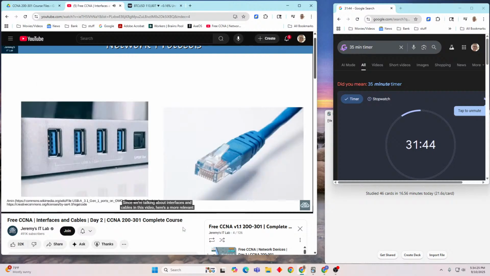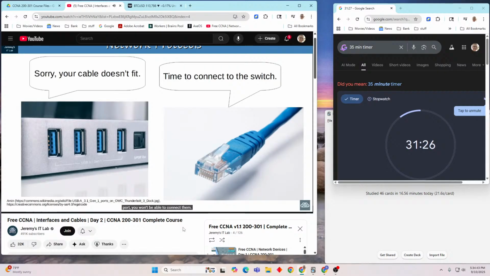Since we're talking about interfaces and cables in this video, here's a more relevant example. If you're trying to connect to, for example, a network switch, but the maker of the cable and the maker of the switch haven't agreed upon the size and shape of the connector and port, you won't be able to connect them. That's why there are industry standards that all vendors follow, both in terms of physical standards like connectors and cables, as well as logical standards like IP, the Internet Protocol.